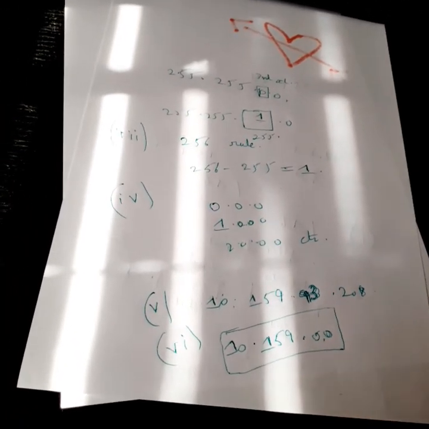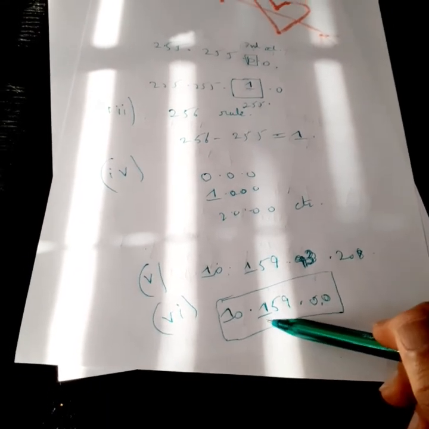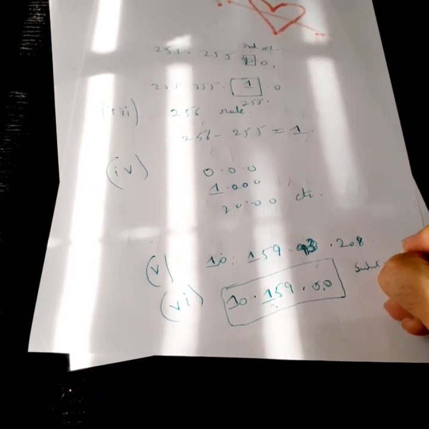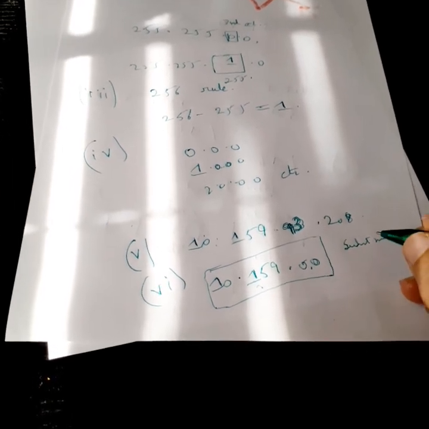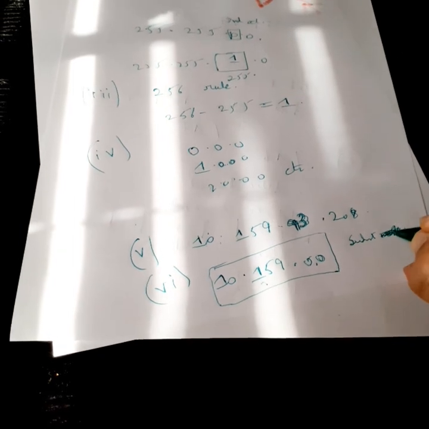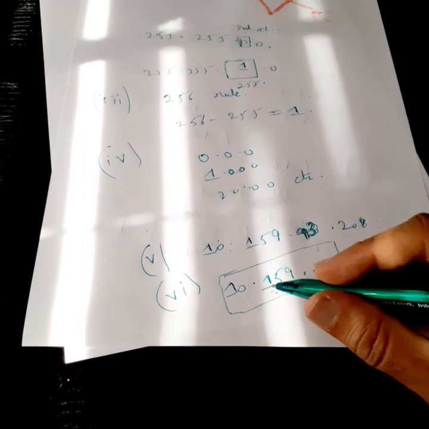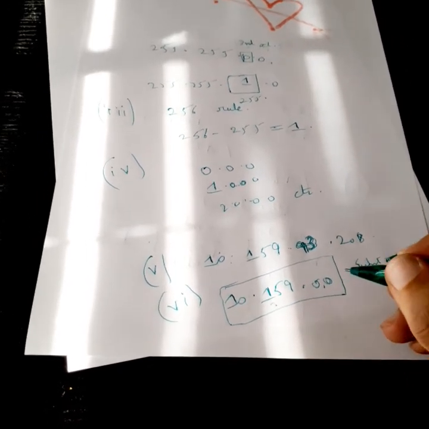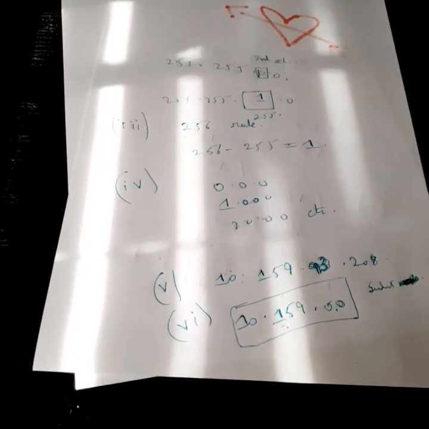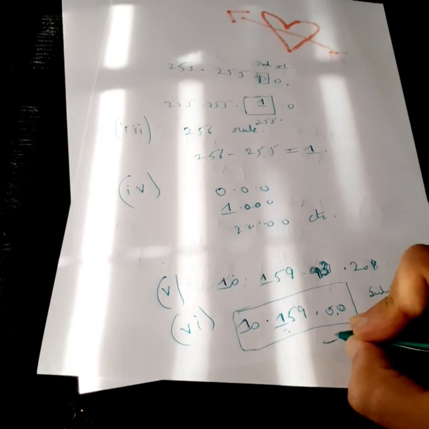What was our solution? This. That's our answer. We needed to find the subnet mask, or again, I'm doing the same thing, we needed to find the subnet. So 10.159.0.0 is our subnet, and that was the IP address that was given to us. So keep on revising this.